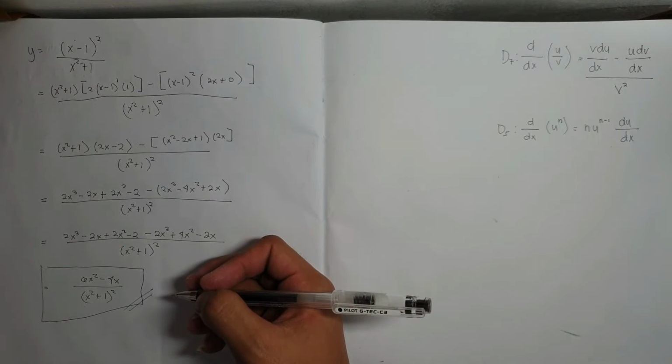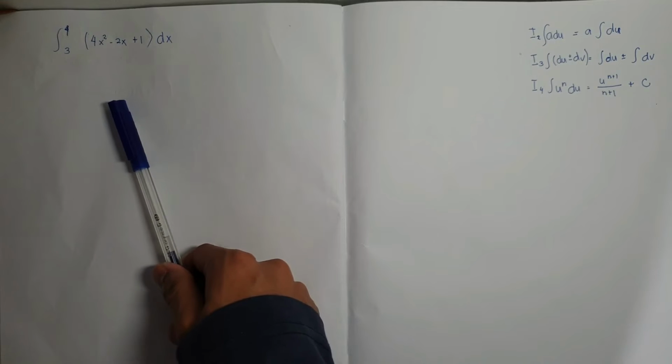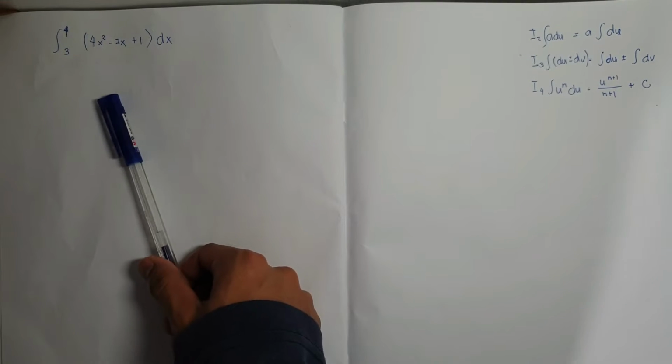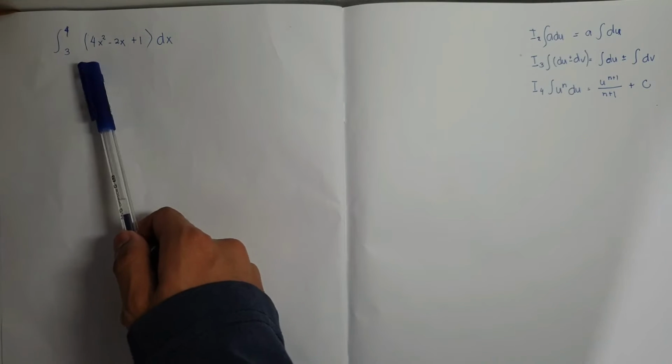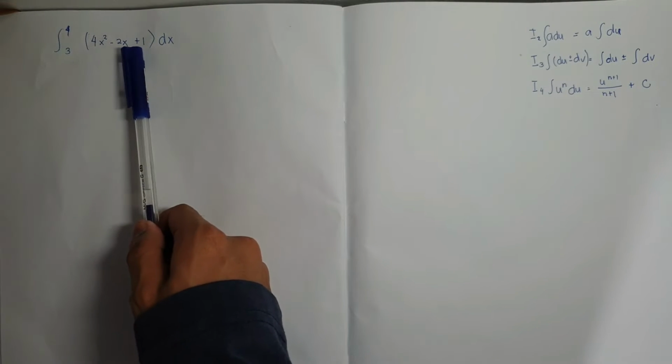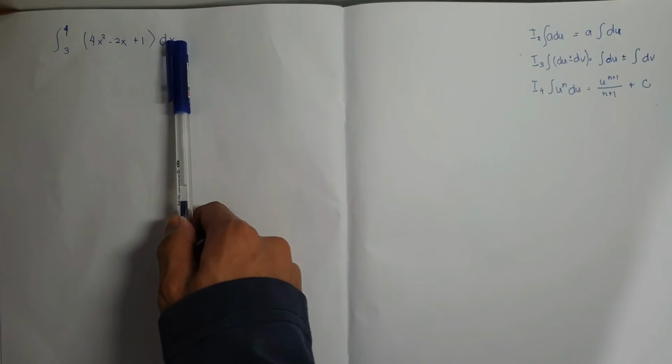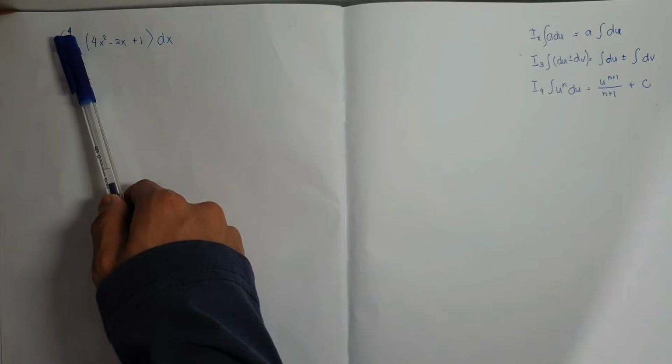The next equation we will solve is an integral equation, which is the integral of 4x squared minus 2x plus 1 dx from 3 to 4.